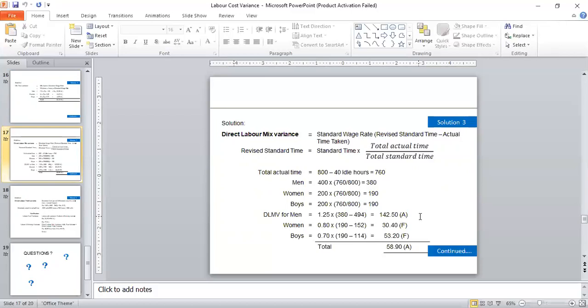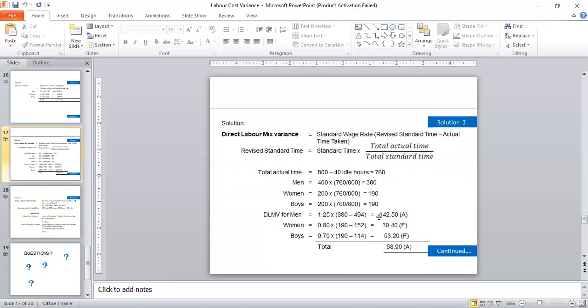Calculating this, we get rupees 30.40 favorable variance. In case of boys also, we have a standard rate of 0.70. Revised standard time is 190 hours and the actual time is 120 minus 6, that is 114, and calculating this again we got rupees 53.20 favorable variance.